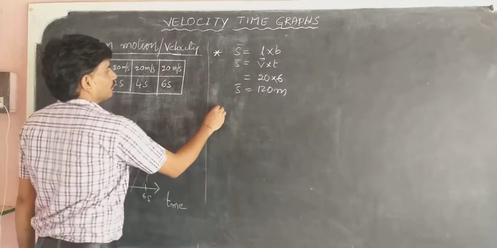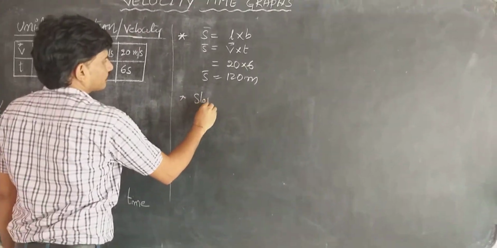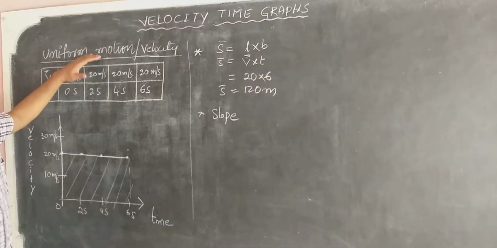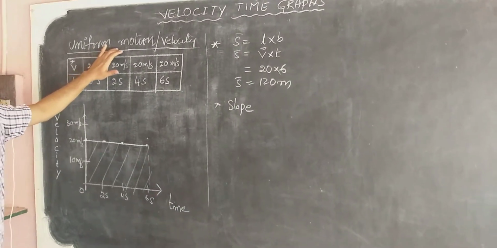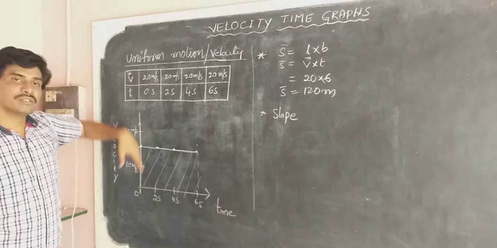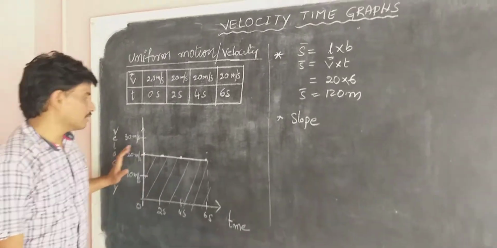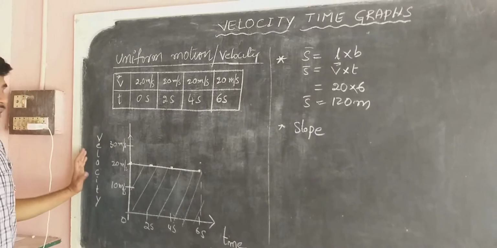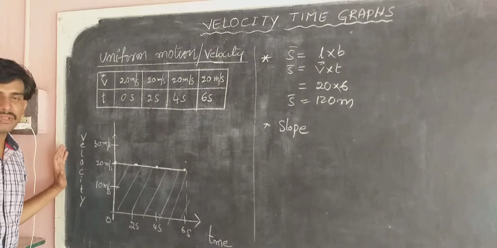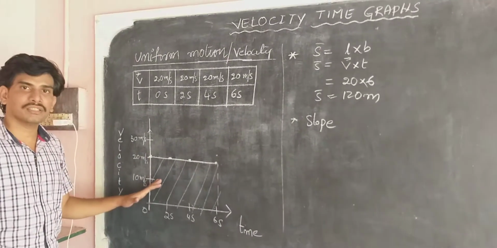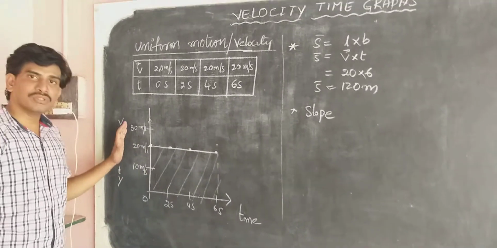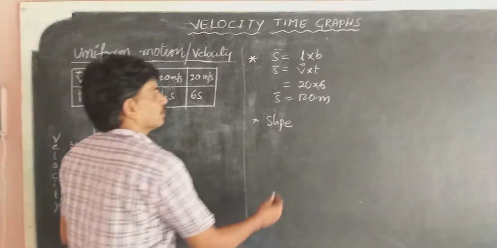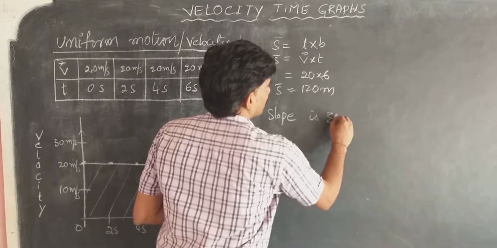Next, what you will get from the slope? For a uniform velocity body or uniform motion, what is the slope? Slope means change in y component by change in x component. What is on the y axis here? Velocity. On the y axis, is there any change in it? No. That means there is no change in its velocity. That's why slope is 0.